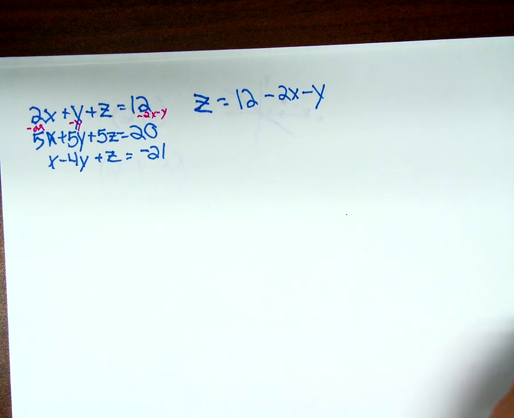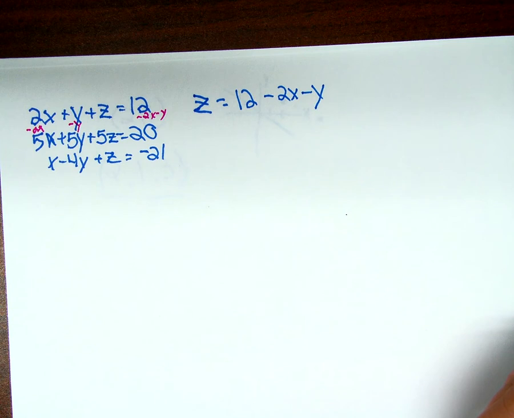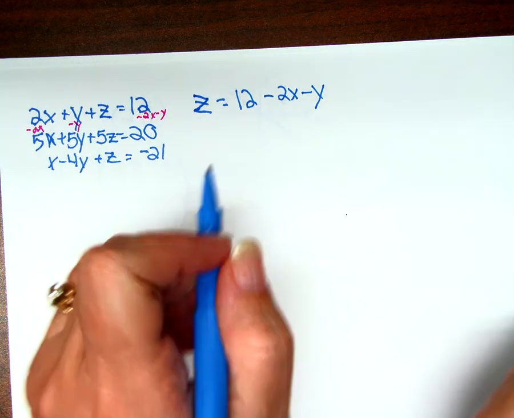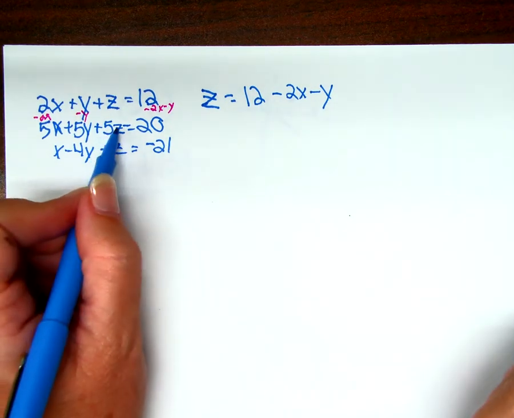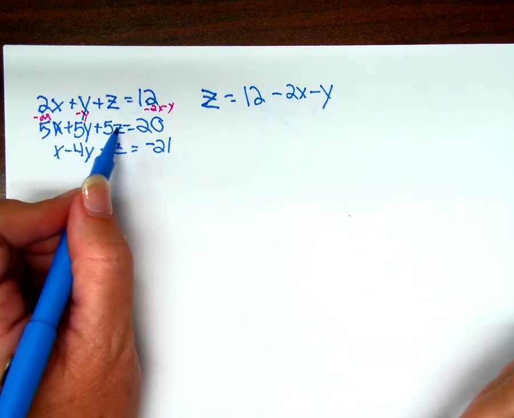Thinking back to yesterday, when I solved for a variable and plugged it into another equation, what happened to that variable I was solving for? It went away, didn't it? Okay? So for the same reason, if I plug what I know for z into the second equation, won't the z go away?